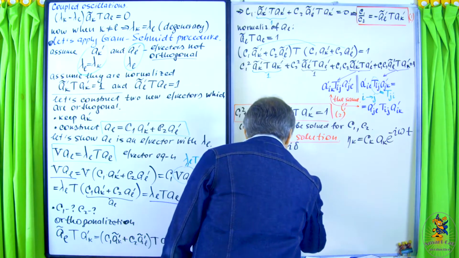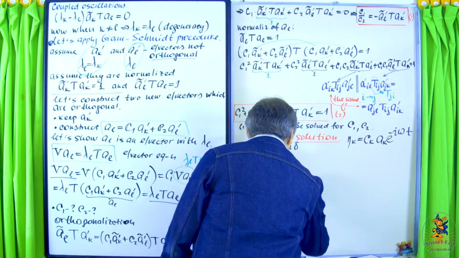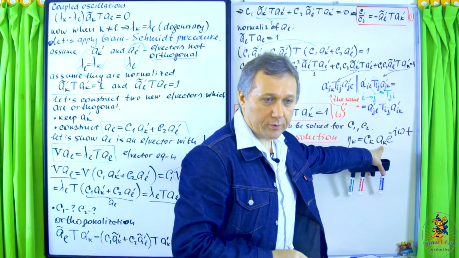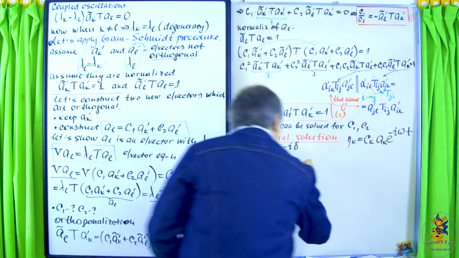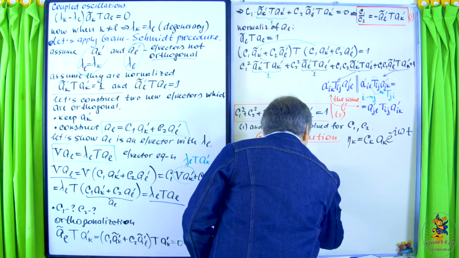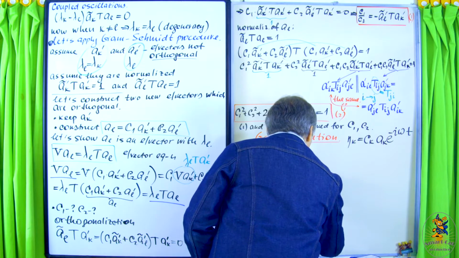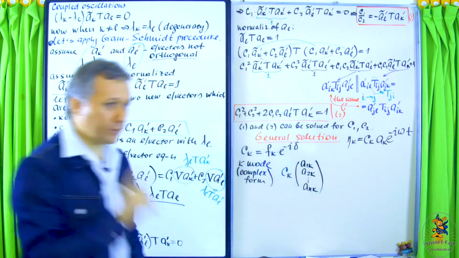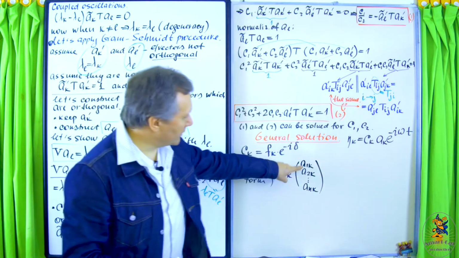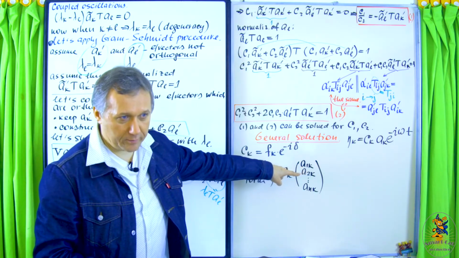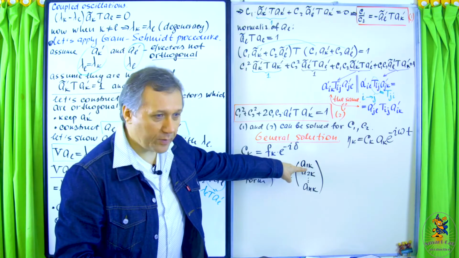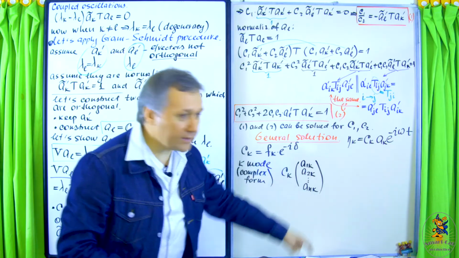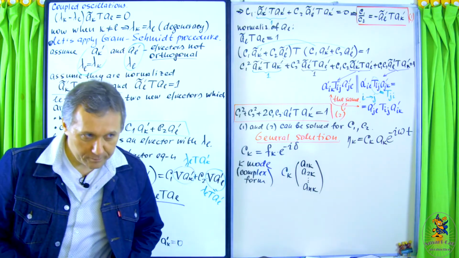So it will be C k times a column of amplitudes A1k, A2k, and so on, ANk. Remember, the first index tells us which particle, and the second index tells us which mode.